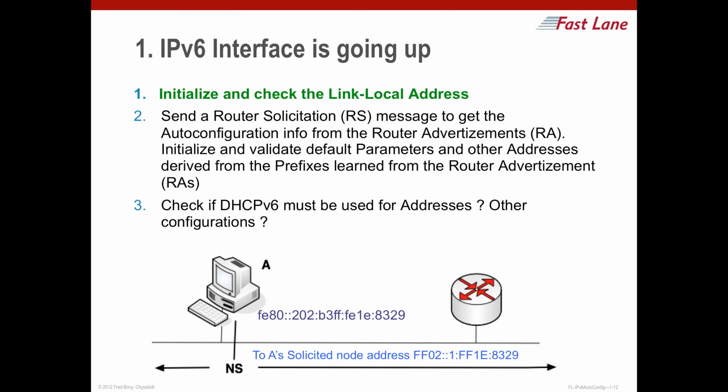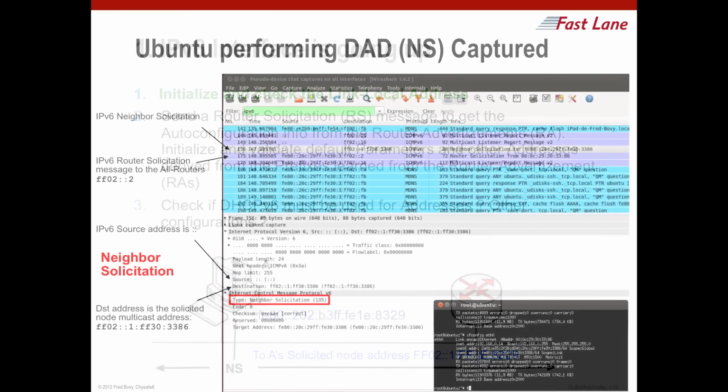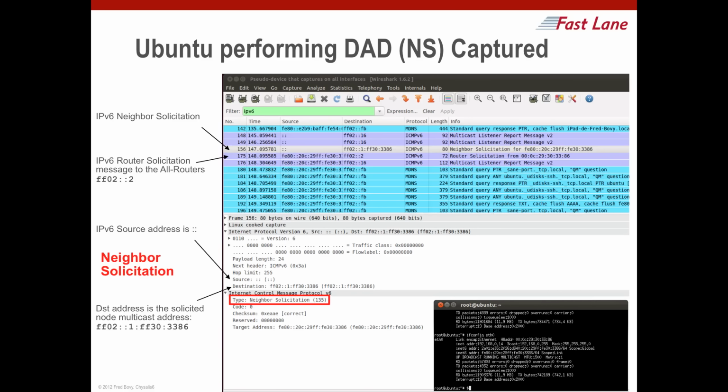So again, the first step, initialize and check the link local address, is really the first thing to do. This is a screen capture of this process on an Ubuntu platform. You can see the neighbor solicitation, which is sent from the unknown address.